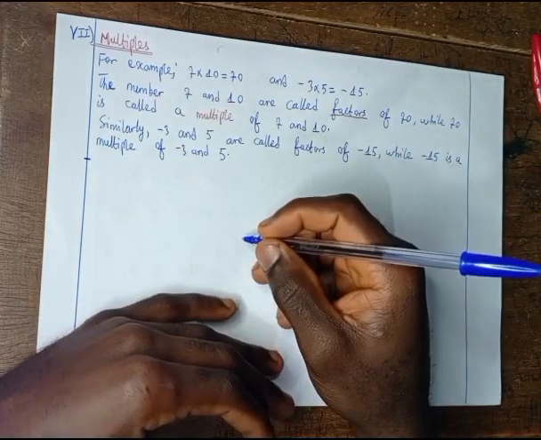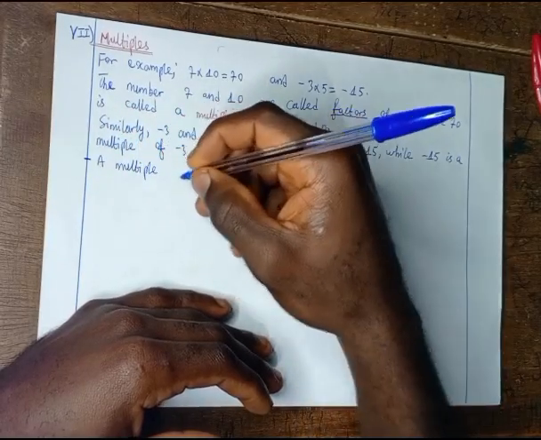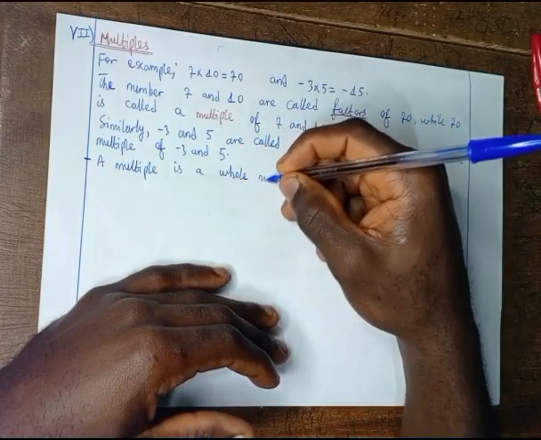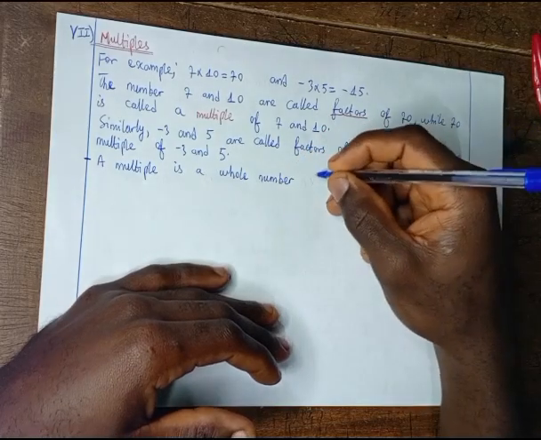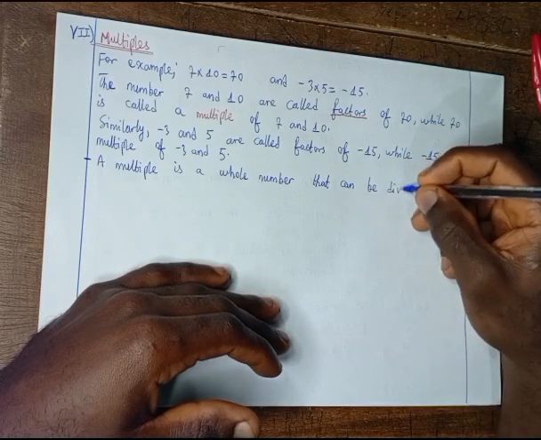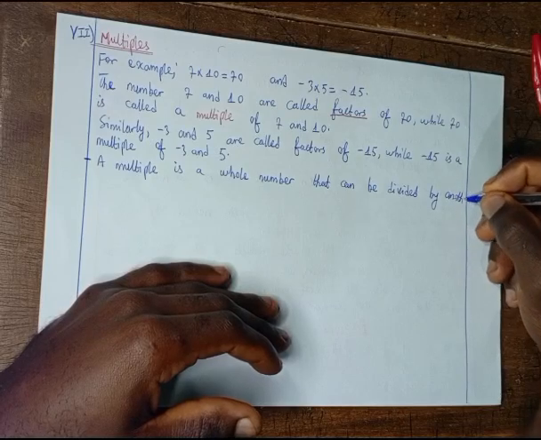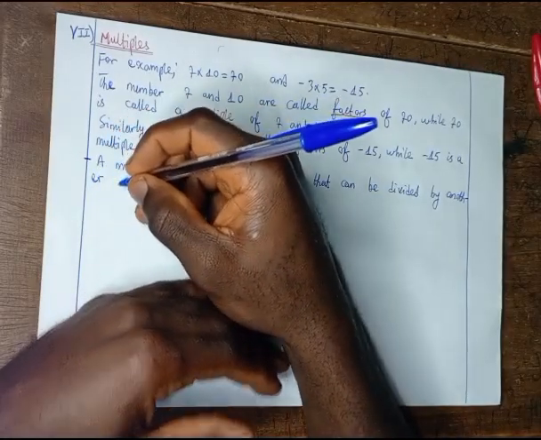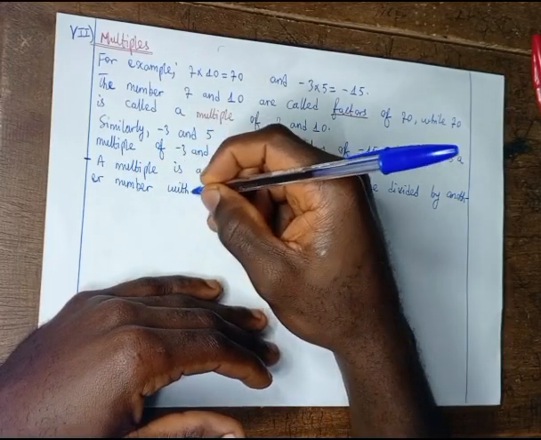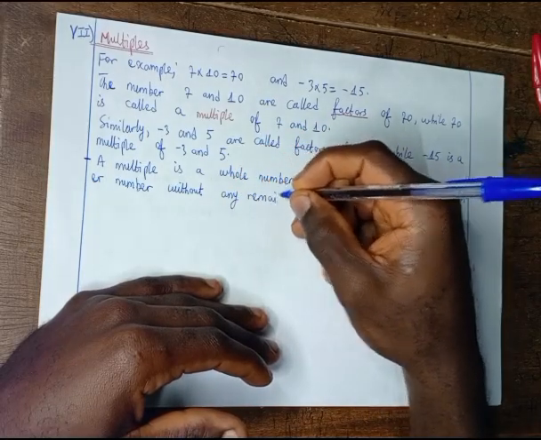Now, let's write down the definition of a multiple. A multiple is a whole number that can be divided by another number without any remainder.